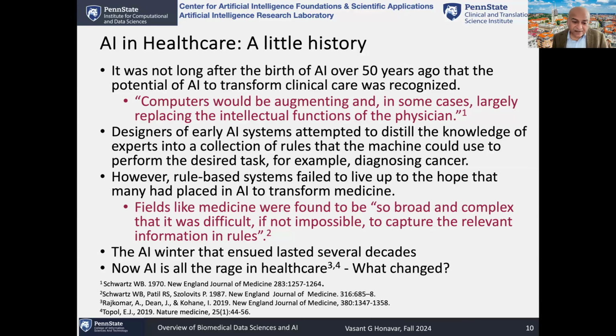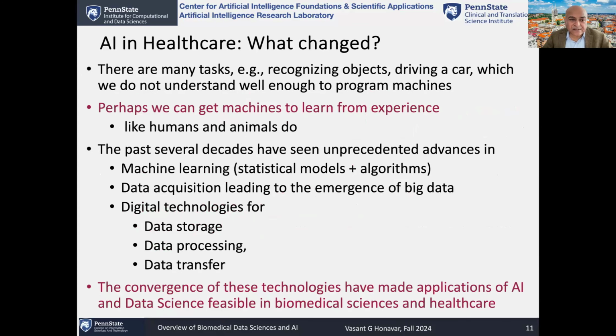There was an almost 20 to 30-year period called the AI winter, during which much of the research in this direction died off. But now AI is all the rage in healthcare. So what has changed? What is the difference? One key difference is that there have been tremendous advances in a subfield of AI called machine learning.